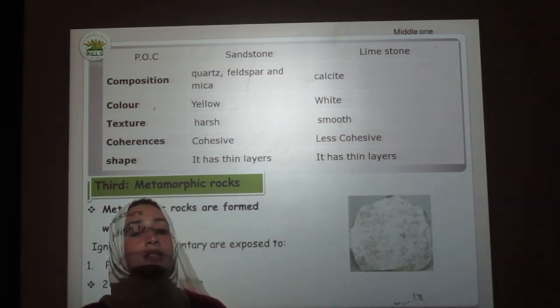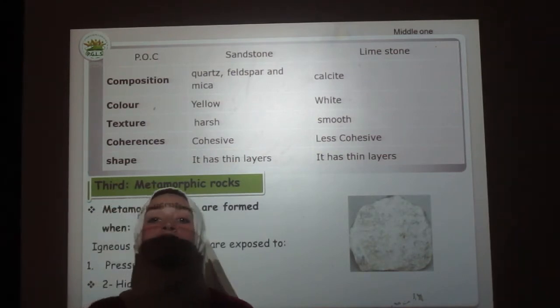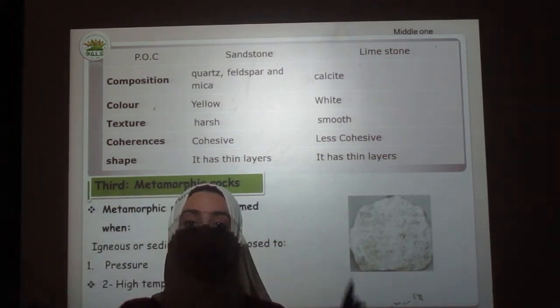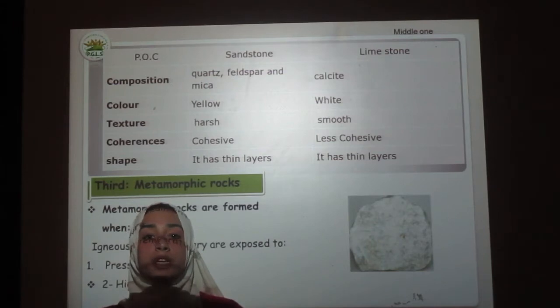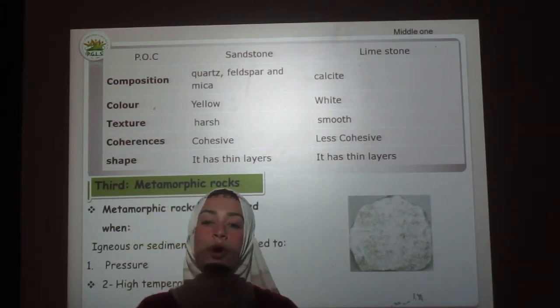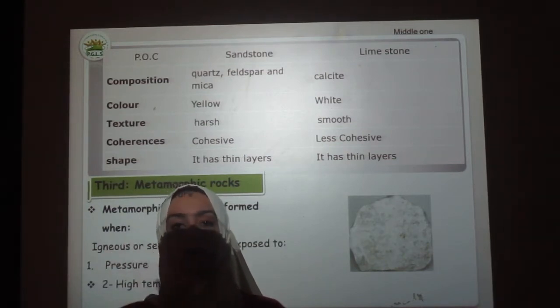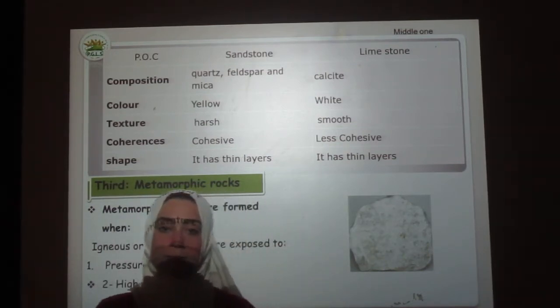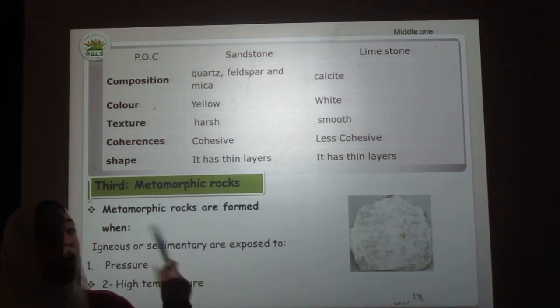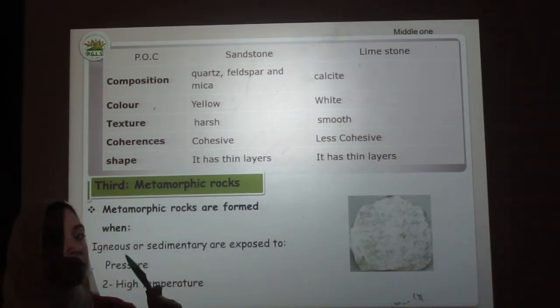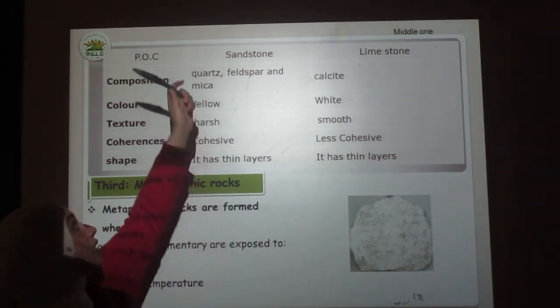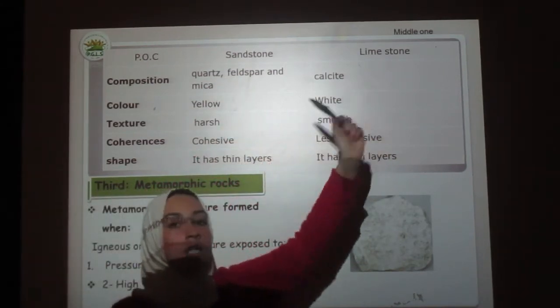We said that sedimentary rocks take 75% of the mass of the earth, while they take only 5% of the volume of the earth's crust. The examples of sedimentary rocks, if you remember, we took 2 examples, sandstone and limestone.